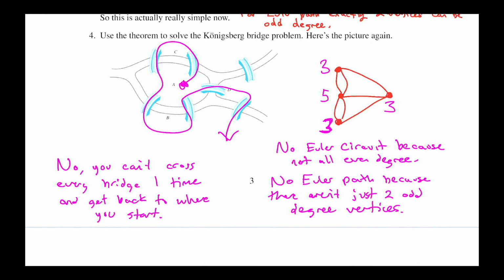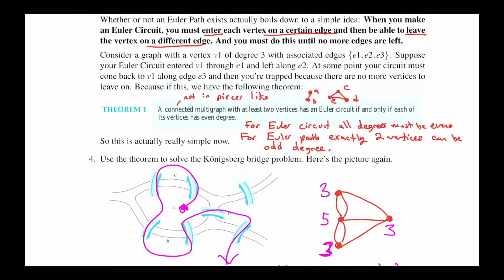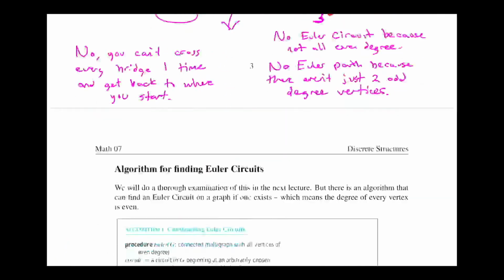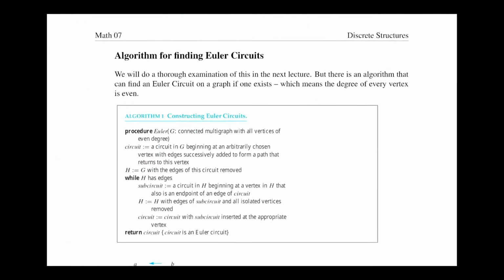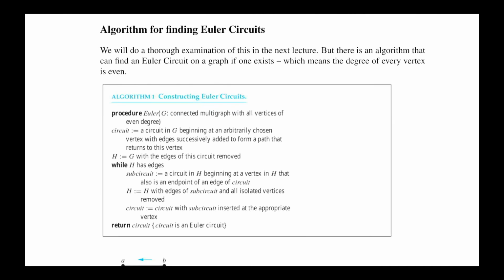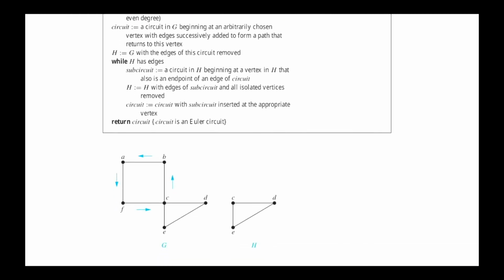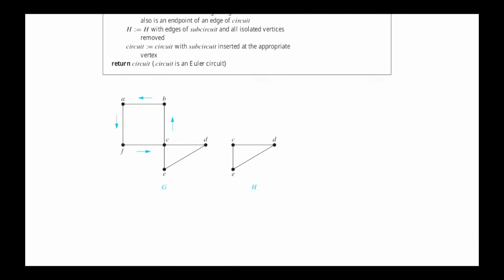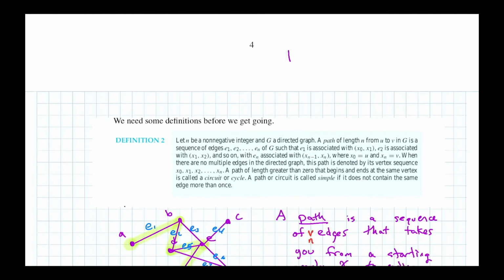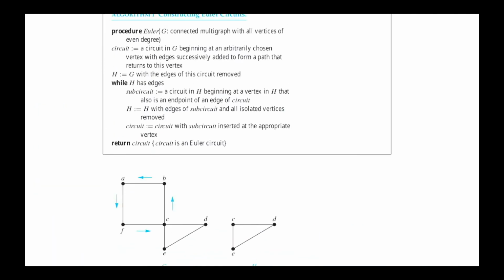Okay. And that's the Euler path thing. Now, what we're going to be doing is we are going to actually code this up. That's going to be your last programming assignment, which I should post for you soon. And let's see, how long have we been talking? 46 minutes? Yeah, okay.